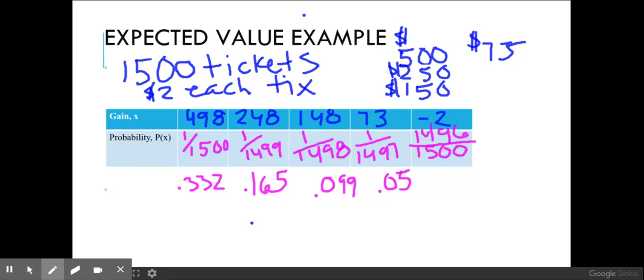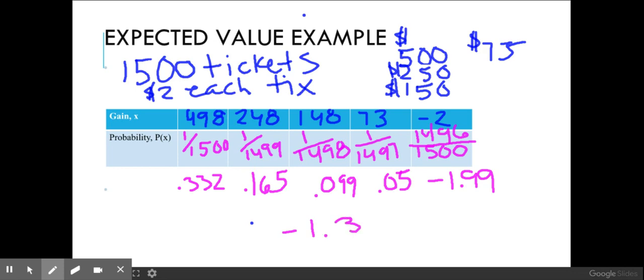And then the last one, 1,496 divided by 1,500 times -2 would be -1.99. So when we add these all up, we get 0.332 plus 0.165 plus 0.099 plus 0.05 minus 1.99.